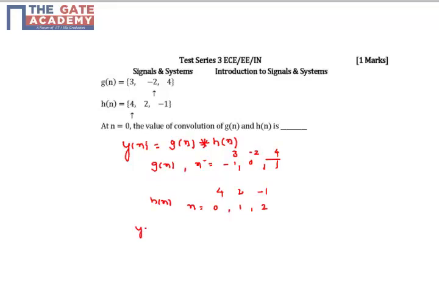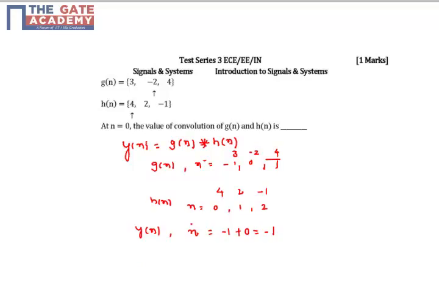What about y of n starting values? In case of y of n, the starting value of n is the starting value of g of n plus the starting value of h of n. See here, the starting value of g of n is minus 1 and the starting value of h of n is 0. So that means the starting value for y of n is minus 1.